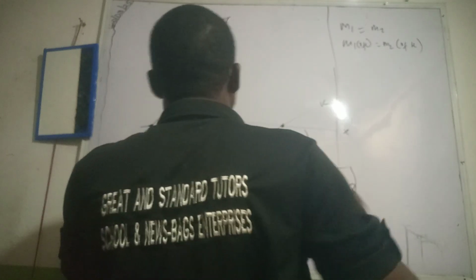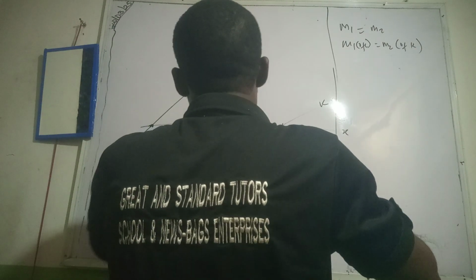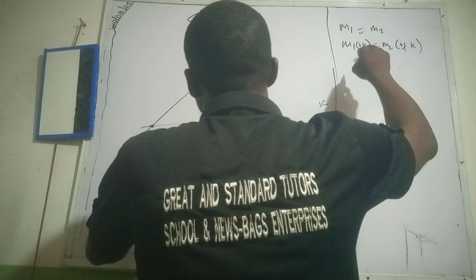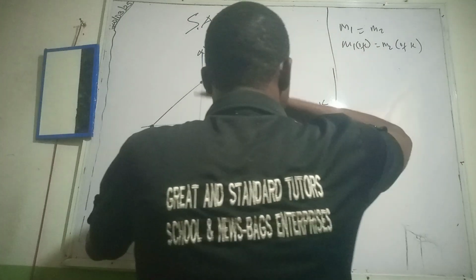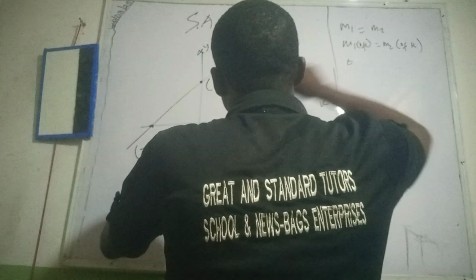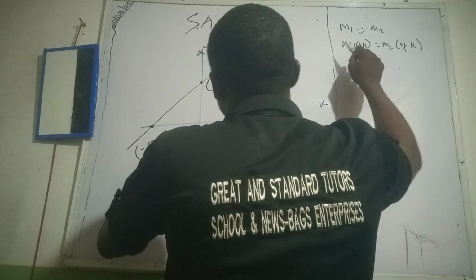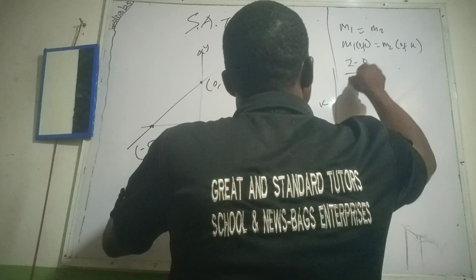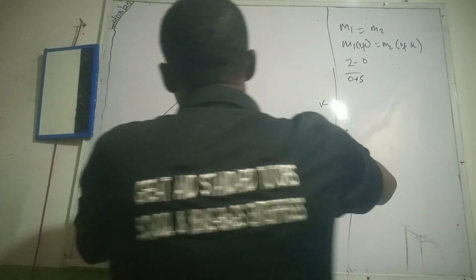For L, we'll be having 2 minus 0 and 0 plus 5. That's x1 minus x2.